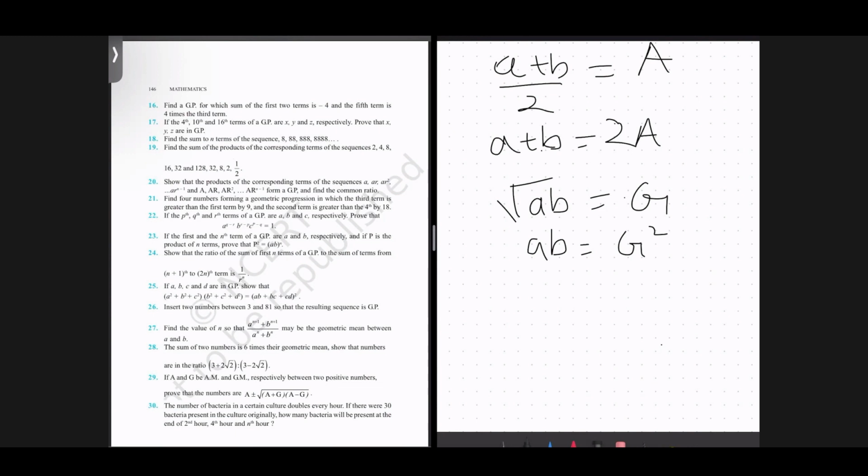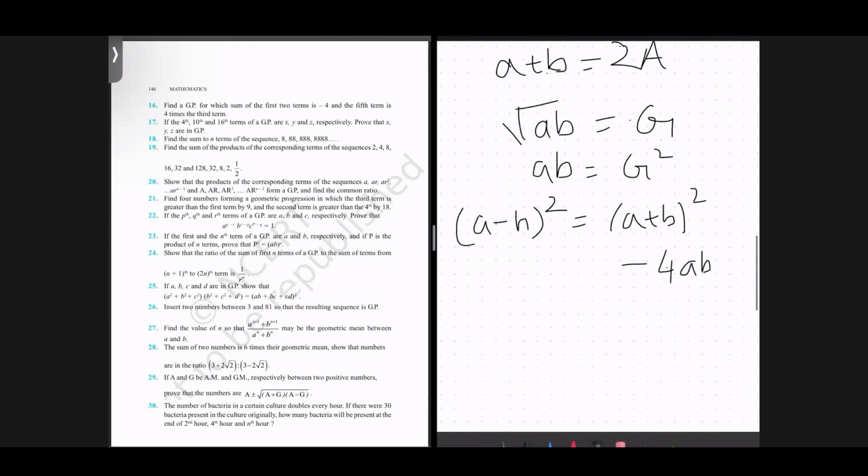We are going to apply the same technique that we used in the previous question. We are going to say (a minus b) whole square equals (a plus b) whole square minus 4ab.